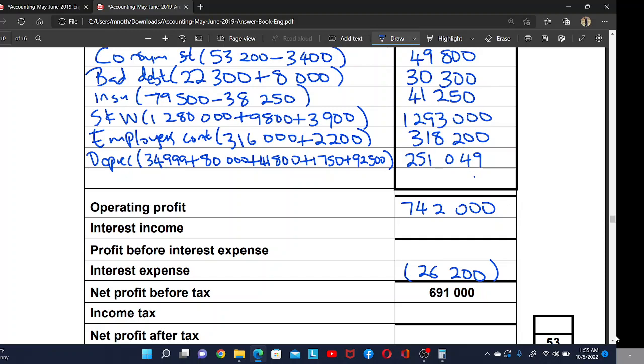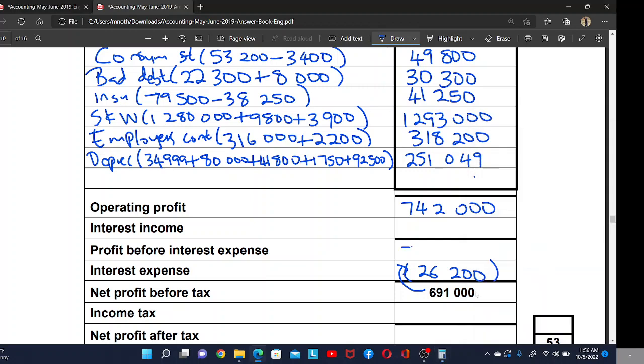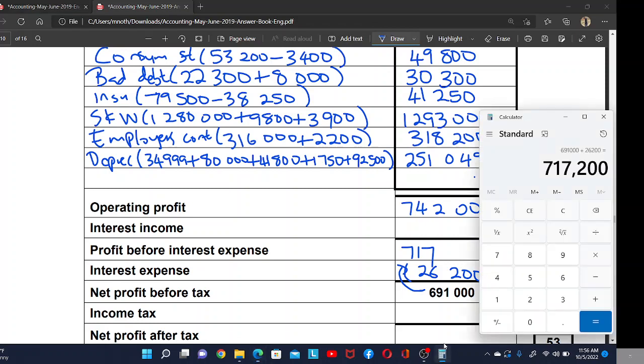But you know that to get the net profit before tax, we say profit before interest expense minus the interest expense. So now it's vice versa. We're going to say net profit before tax plus interest expense. So 691,000 plus 26,200 is 717,200.